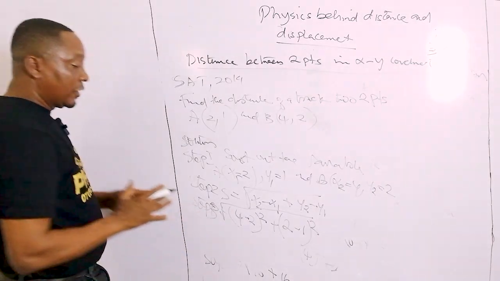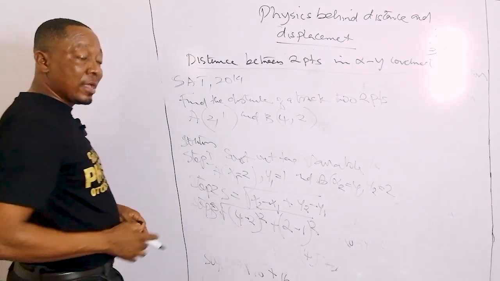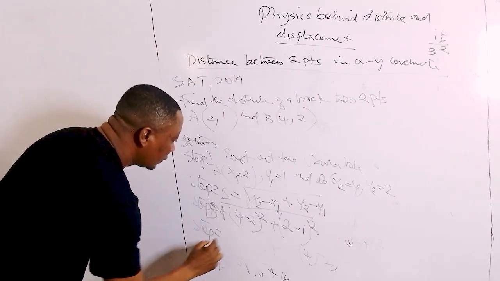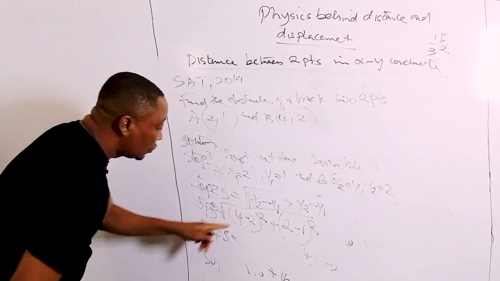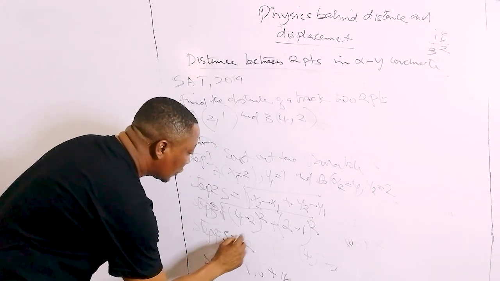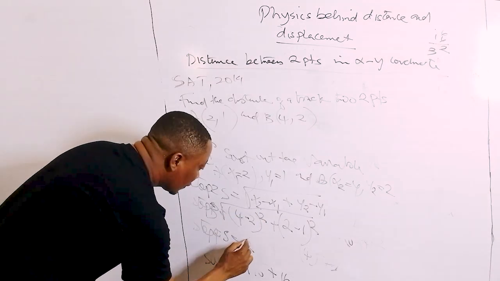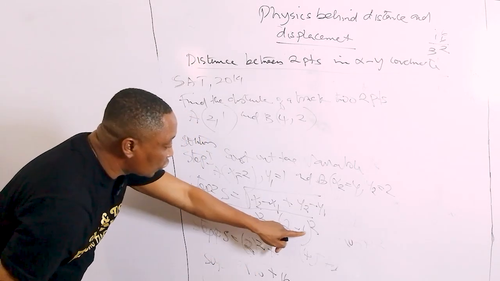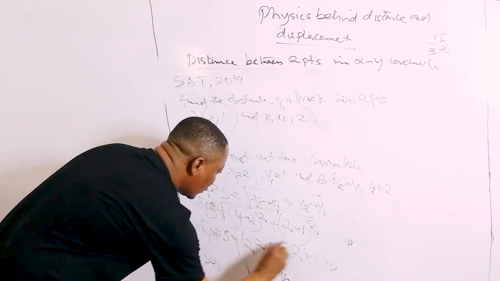Now, step 4, you need to solve what is in the bracket first before you get to the square root. So s equals 4 minus 2 is 2, squared, plus 2 minus 1 is 1, squared. Then the square root.